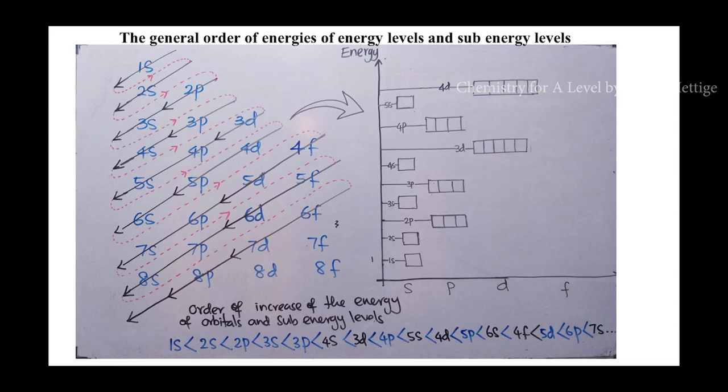To understand that easily, I will first give you a method from which you can obtain the variation of the energies of these sub-energy levels and atomic orbitals very easily.